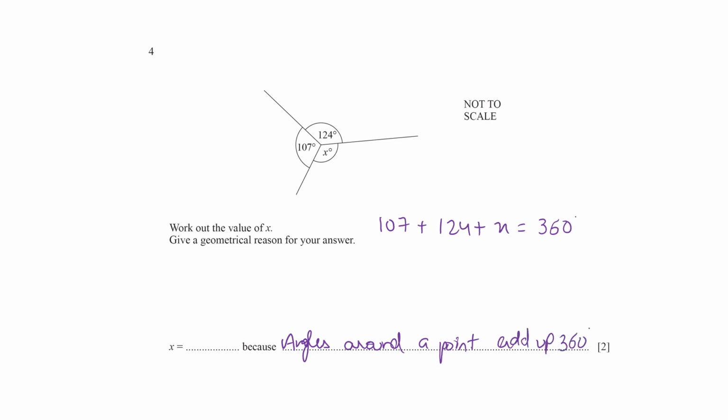So let's calculate that. 107 plus 124 gives me 231 degrees, plus X equals 360. So we need to take away 231 from 360. X is going to be 360 minus 231, which gives me 129 degrees. So the answer is 129 degrees.